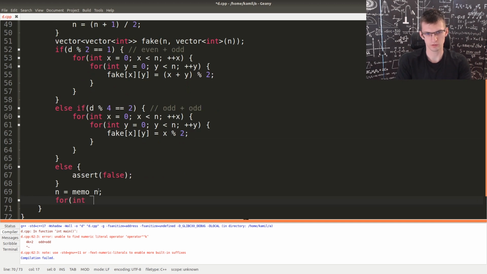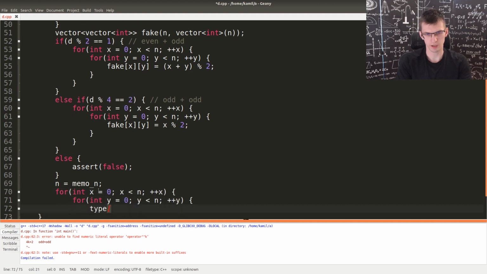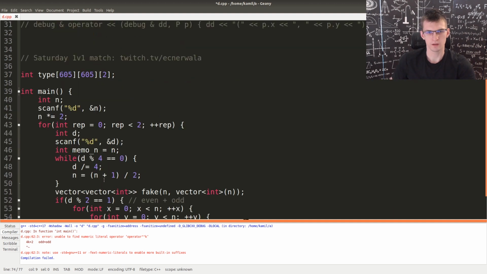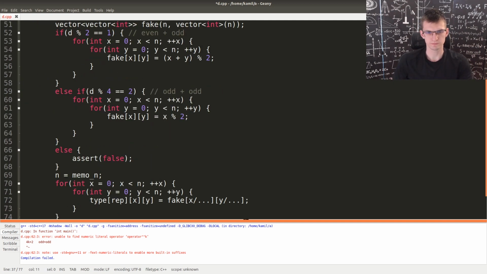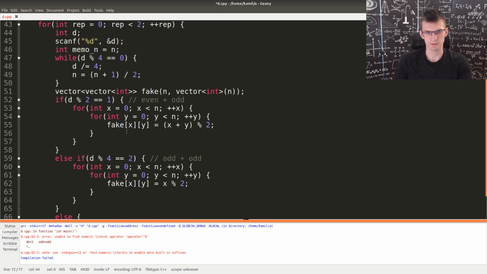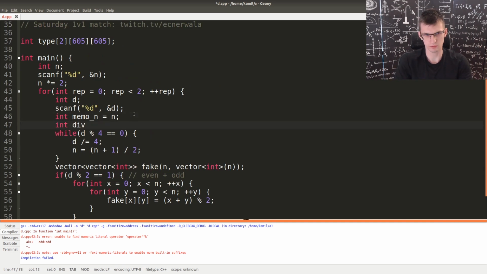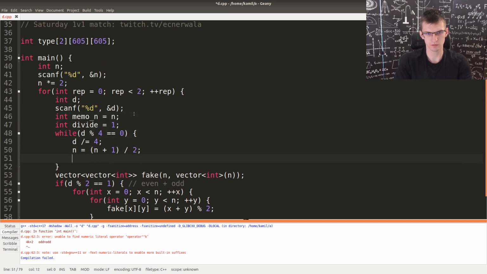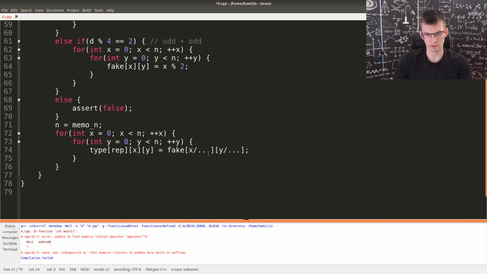For now every accent y, type of this repetition of xy is equal fake of x divided by something, y divided by something. Like this. Divided by what? By divide.